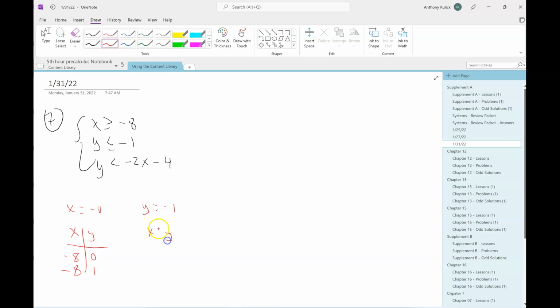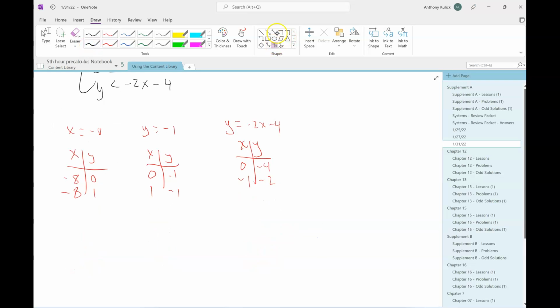For y equals -1, again, the y has to be -1, and because there's no x, x can be whatever it wants. And then my last one here, let's say pick x to be 0, so y would have to be -4, or x to be -1, so y would have to be -2.